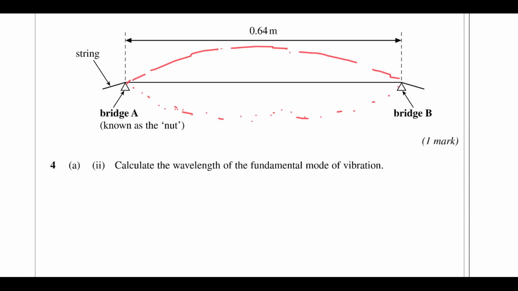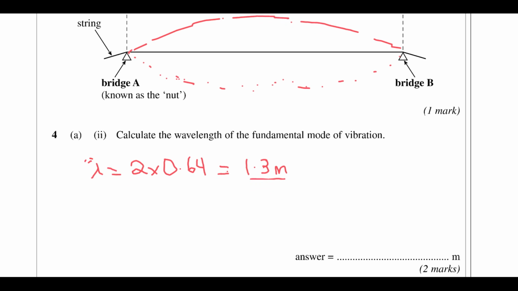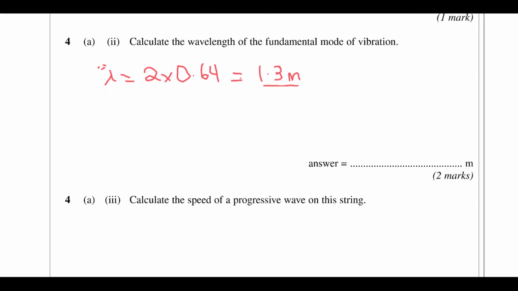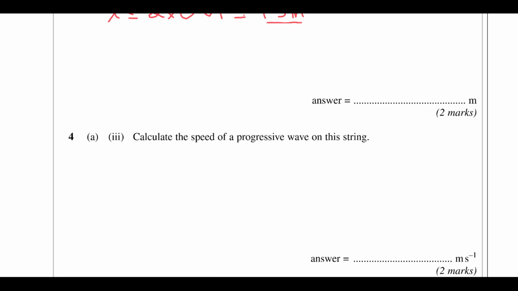So we're looking at half a wave, and that's 0.64 meters long. So it's going to be 2 times 0.64, which is 1.28 meters. So that's essentially 1.3 meters to the right number of sig figs. Okay, so we've got the frequency 108 and the wavelength. We're going to calculate the speed.